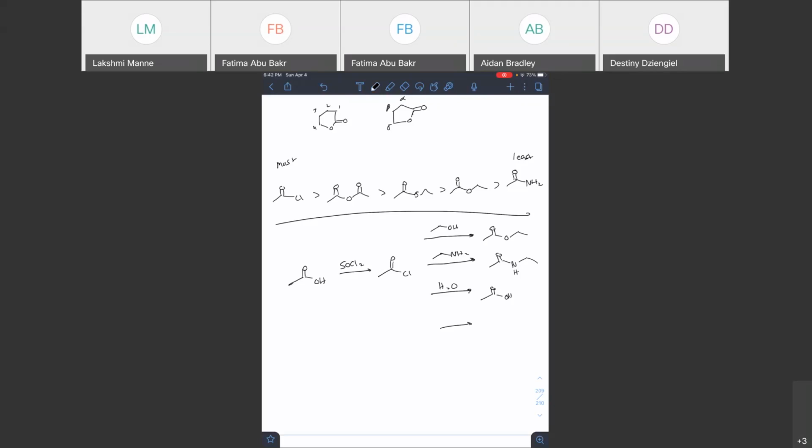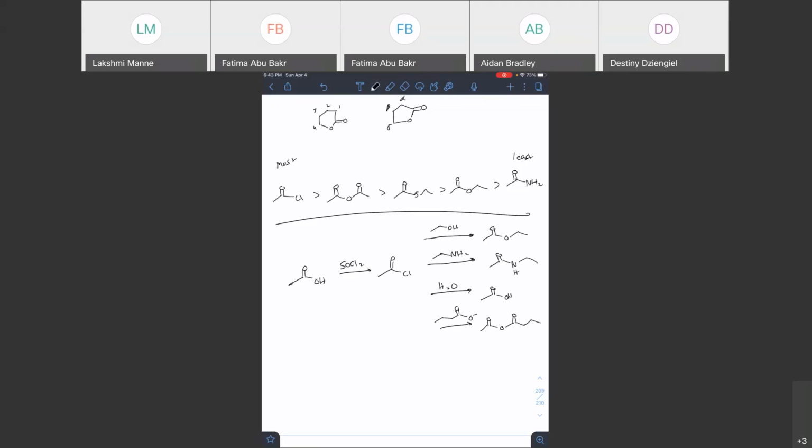And then we can also do this, basically reacting it with a base version. All this does is it simply attacks it and you get this. They essentially attach to each other like you would probably think.